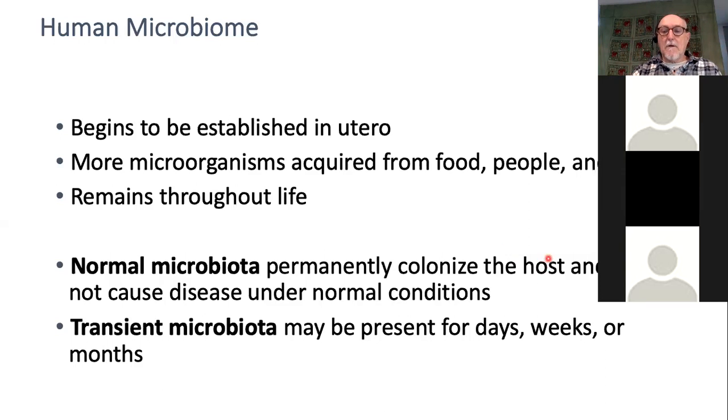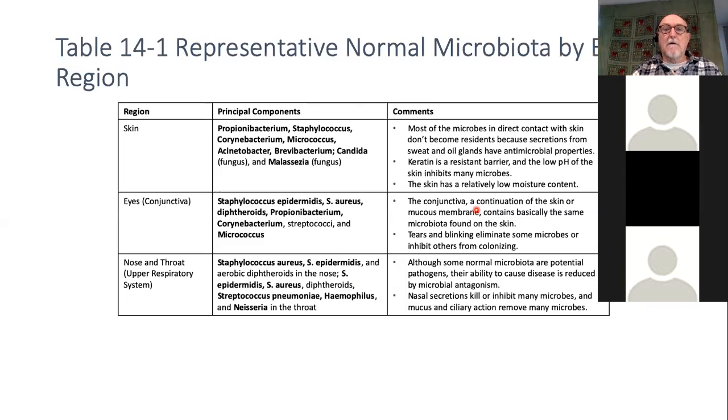So let me just, sorry. Here, you absolutely don't need to remember all of these. These tables are simply to show you the incredible diversity of these populations that we're dealing with. Skin, all sorts of bacteria. Some of them you might recognize the names.